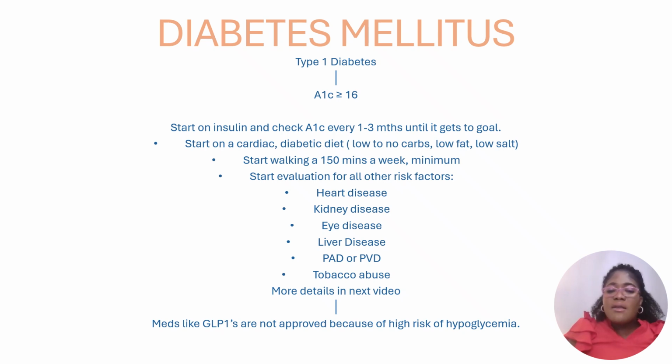I'm going to make another video because, with these risk factors, we also will go into what is called a cardiac risk calculator, and it's pretty in-depth. So I'm just going to make another video so we can talk about that some more.